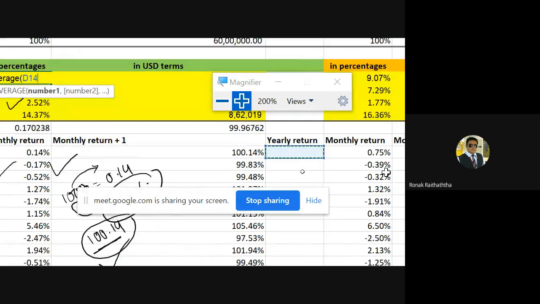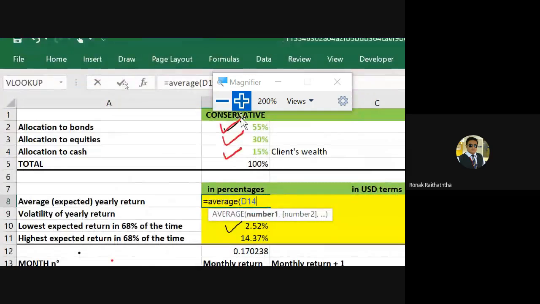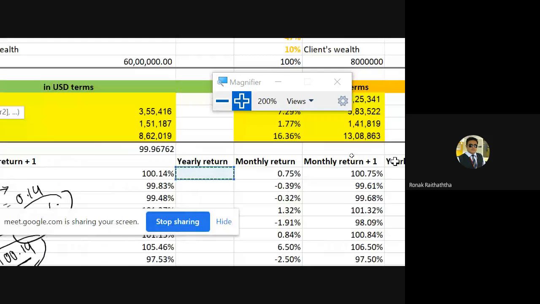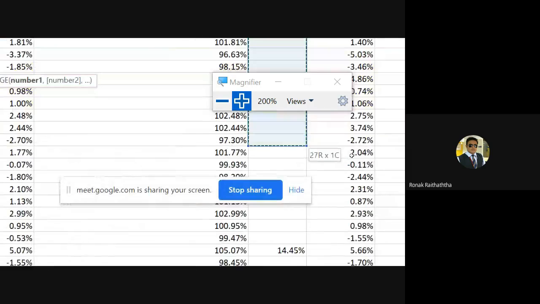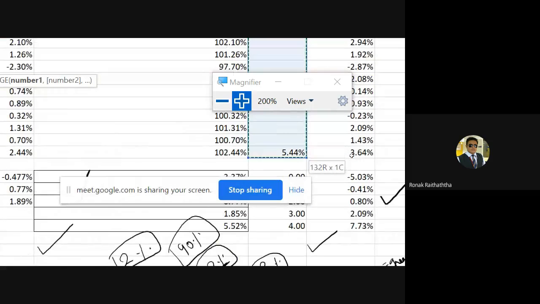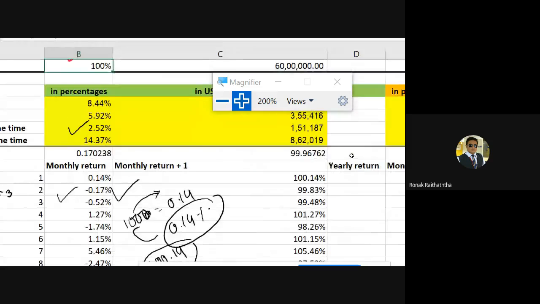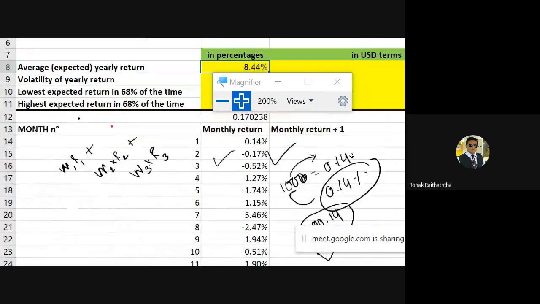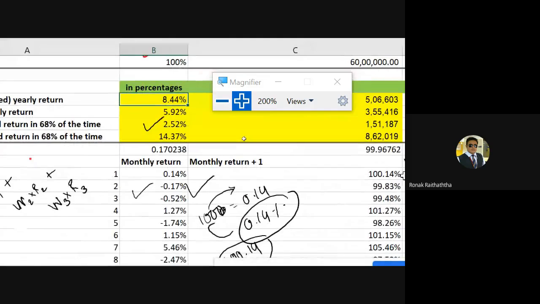So say I'm there right now in cell number D14. So I'm doing control down, control down, control down, up to the point I have the last return, which is 5.44. Closing the bracket, pressing the enter. So you get the average return of the first portfolio.